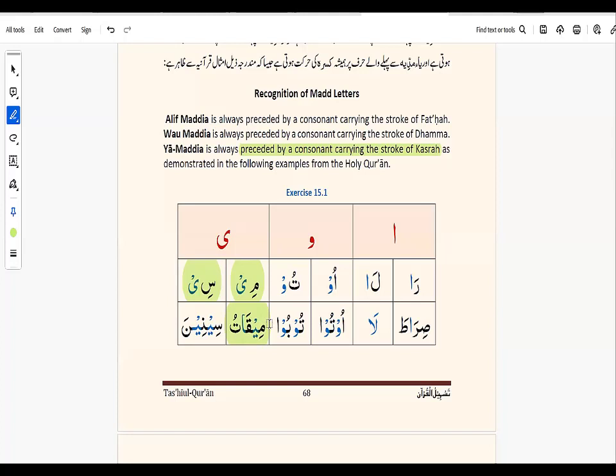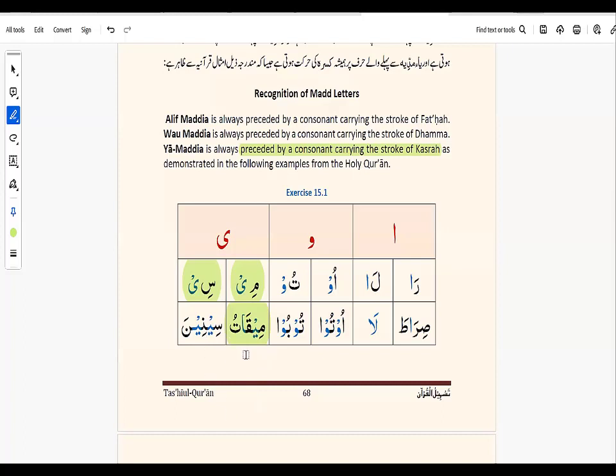That's the only time when there is ya madiyya, when there is a consonant carrying the stroke of kasra, and then when there is ya sakin. And next for alif madiyya, as we learned in past classes, there is qaf, the consonant carrying the stroke of fatha, and then we can see alif, so this is known as alif madiyya. So I hope you understood the rule. Jazakumullah for coming to the mic.